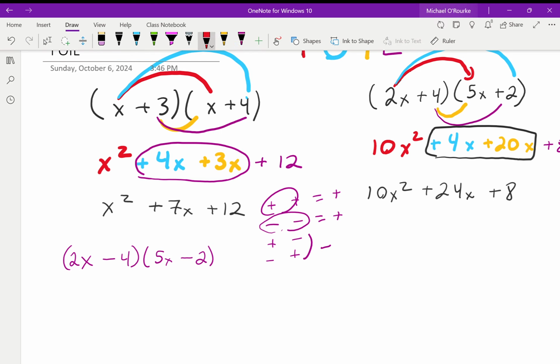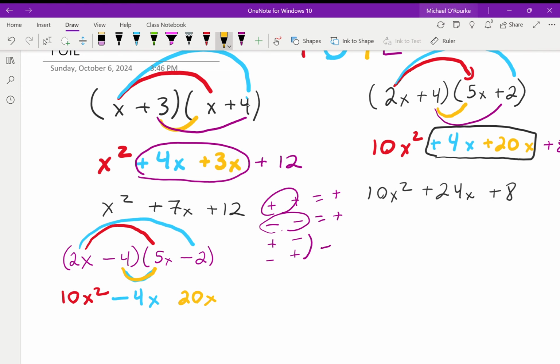And we're back. I'm at 6 minutes here, so I'm going to get under 10. First we have 10x squared. Next, we do outside: 2 times negative 2 is minus 4, and we only have 1x. Then the middle is 4 times 5, which is 20x.